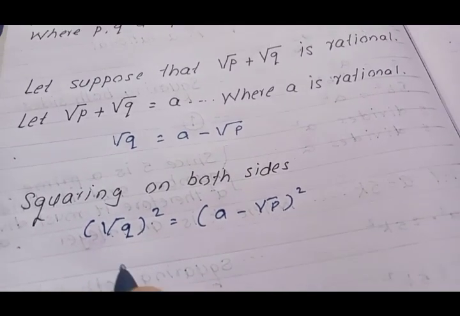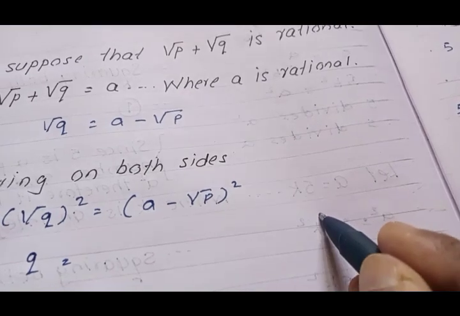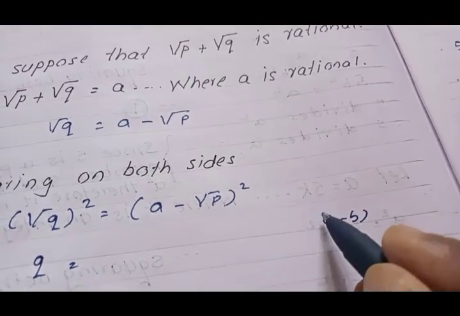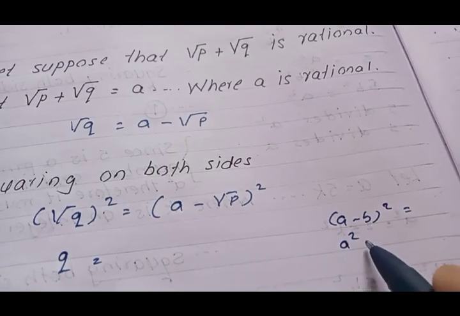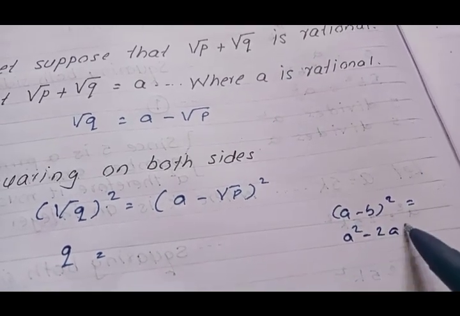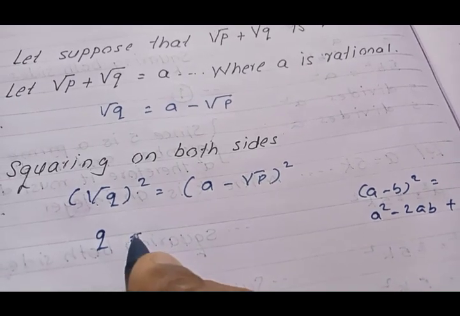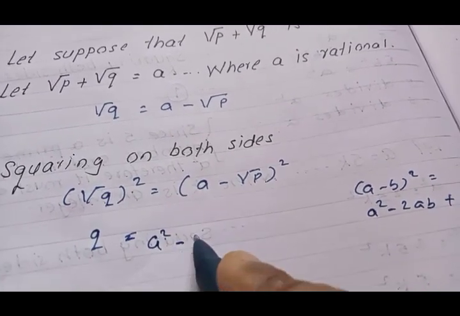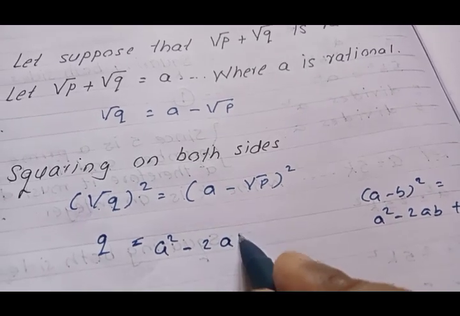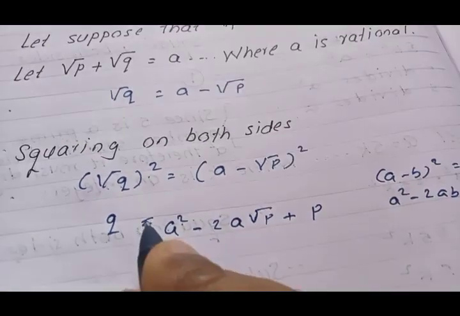Then solve: (a minus b) square equal to a square minus twice ab plus b square. So expanding, q equals a square minus 2a√p plus p.